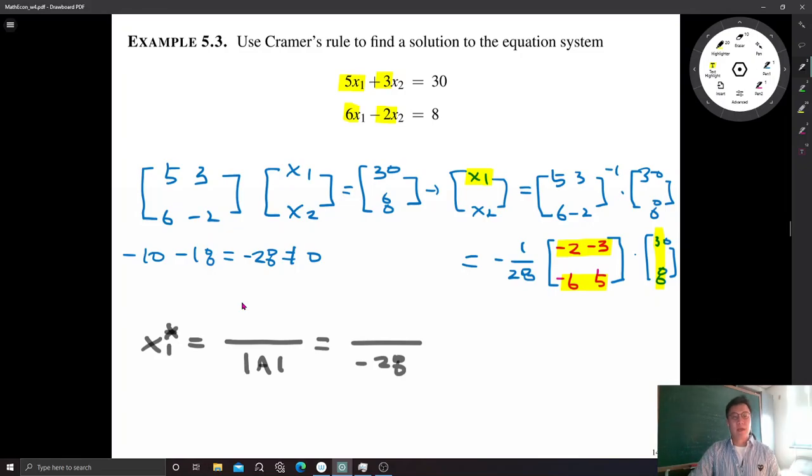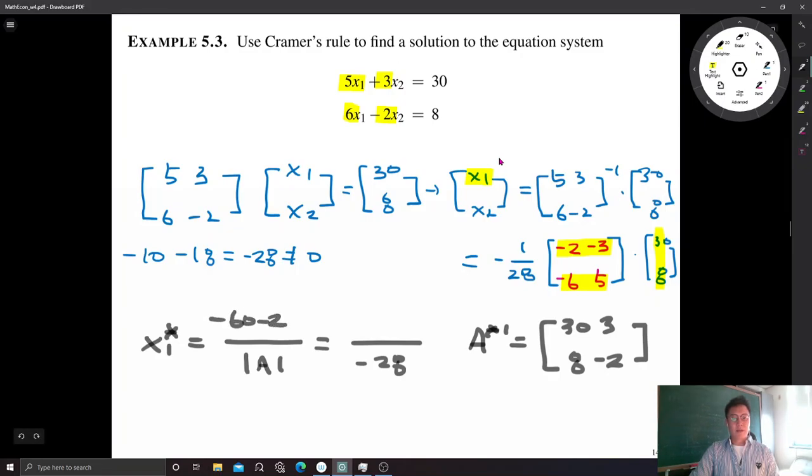And A star 1: we replace the first column of matrix A by the parameter matrix, so the first column becomes 30 and 8, and the second column is the same as matrix A. Its determinant is negative 60 minus 24, so negative 84. So this is the first solution.